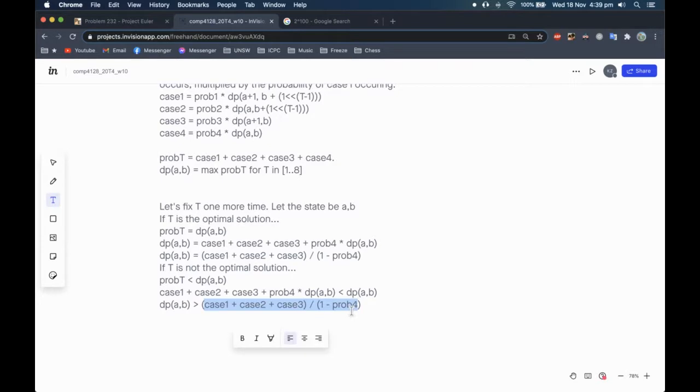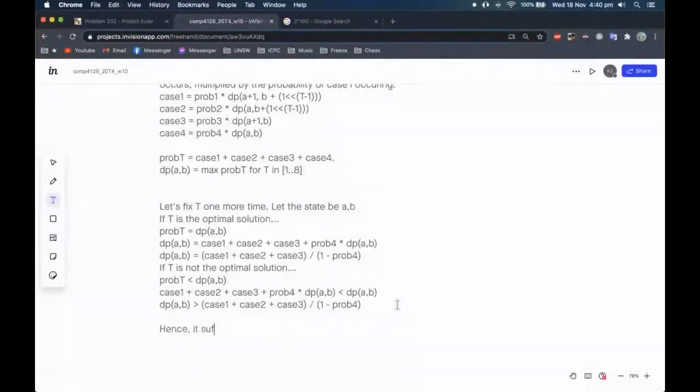Okay, well then, if for every single t we calculate this particular formula and then take the maximum out of all of them, then that must be equal to dpAB. Since dpAB is equal only when it's the optimal solution, and dpAB is larger whenever it's not the optimal solution.